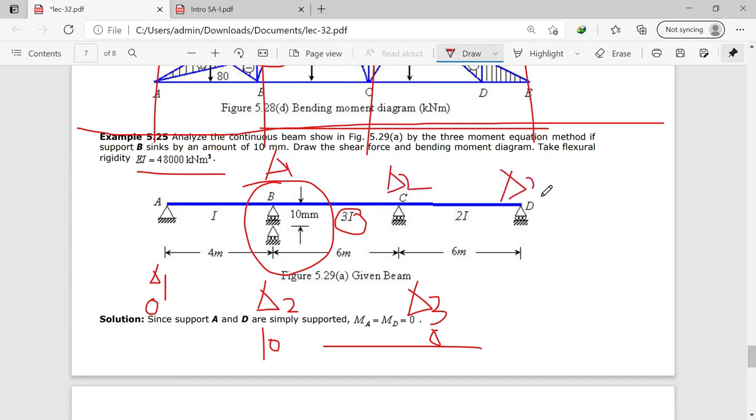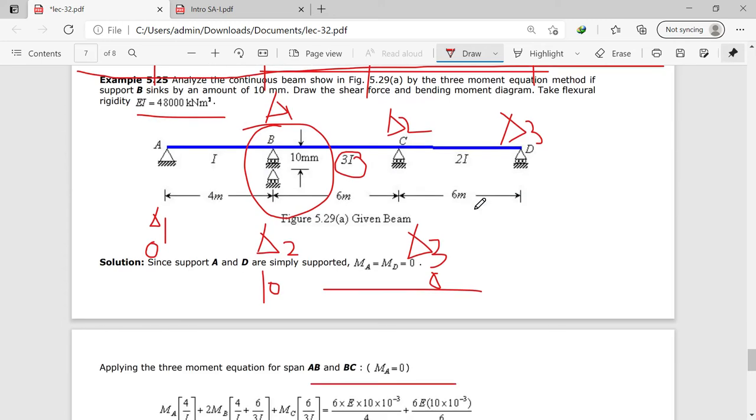As per the span condition, as we go on changing the span for the Clapeyron three moment theorem, the respective delta values also change. So for the span BC and CD, the value under support B becomes delta 1, equal to 10, and delta 2 equals 0 and delta 3 equals 0.